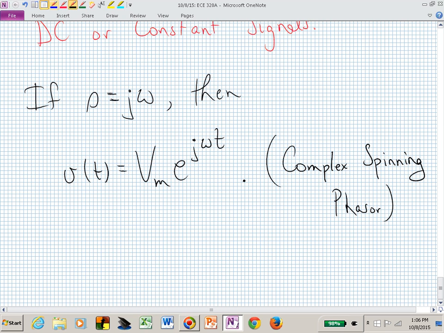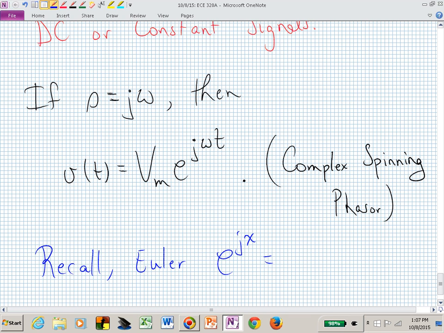And now it's nice to remember Euler. Euler said e to the jx can be rewritten which way? If you did a Taylor series of e to the jx, you could make that look like a cosine plus a j sine.